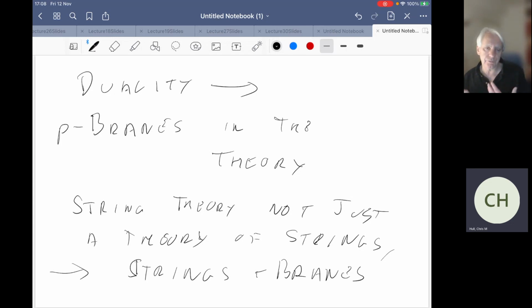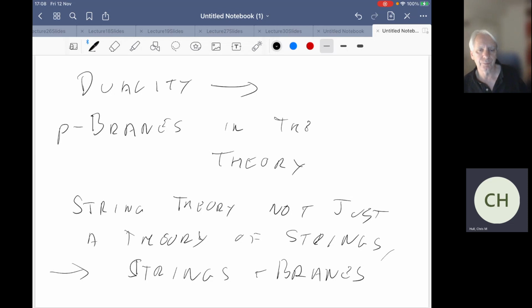And the fact that there are duality symmetries which relate the string charges to the charges carried by branes means that, in a sense, all of these things should be on the same footing. There are symmetries relating them.